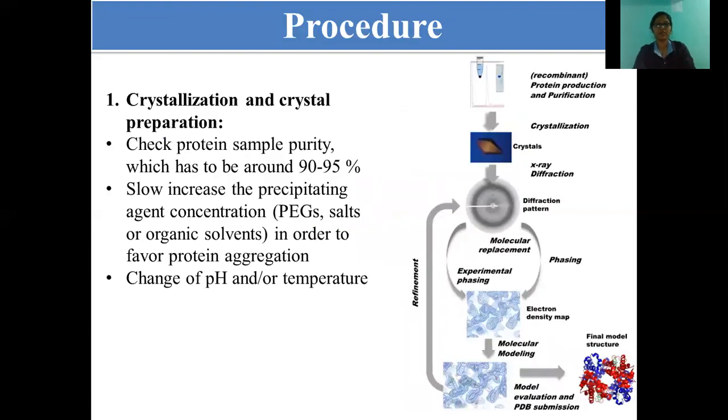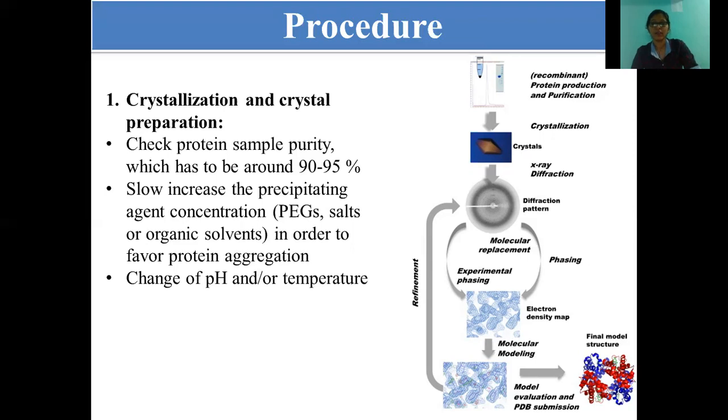The first step in performing X-ray crystallography is the isolation of a pure form of protein, because when you isolate something from live biological material or a cell, it has many compounds. It has DNA, RNA, lipids, fats, and all these biomolecules and metabolites present in the cell.